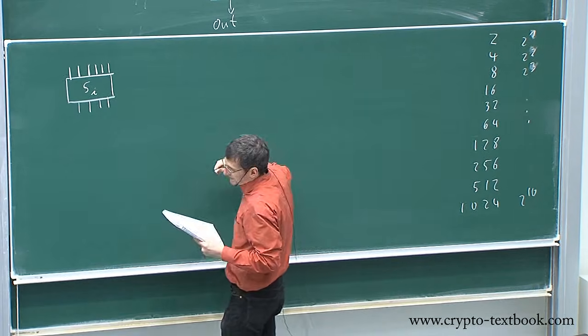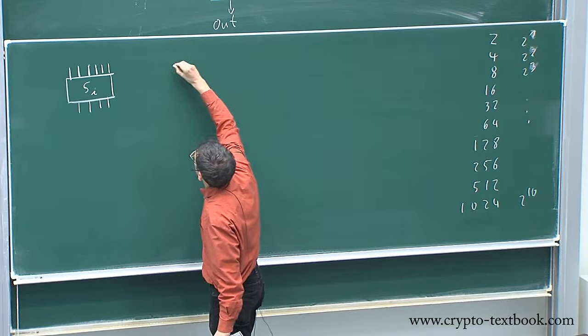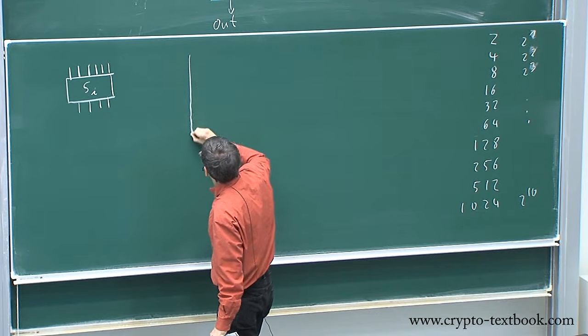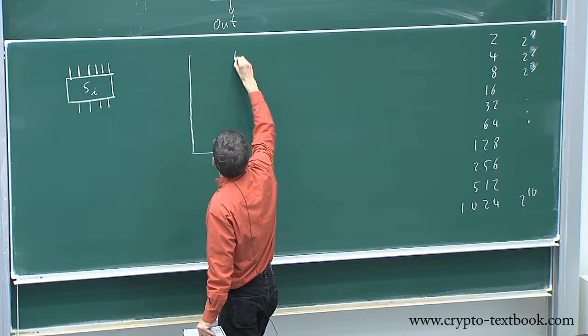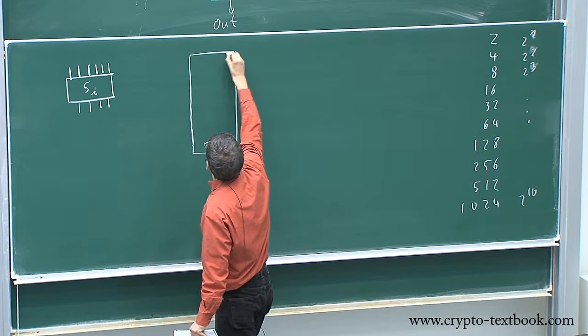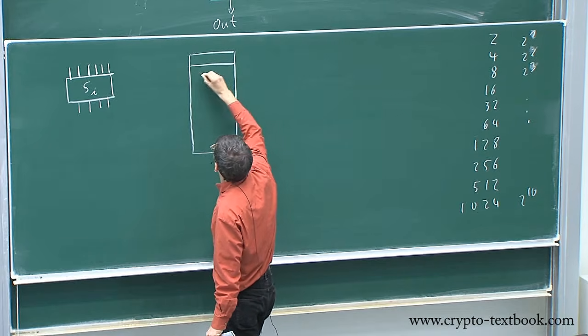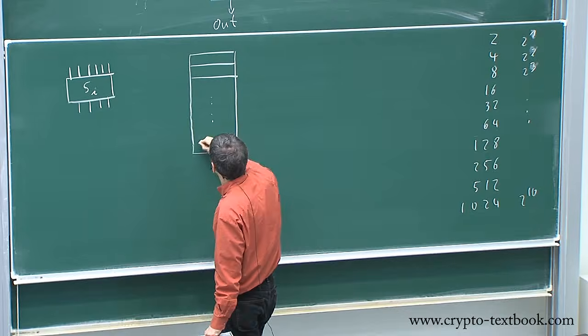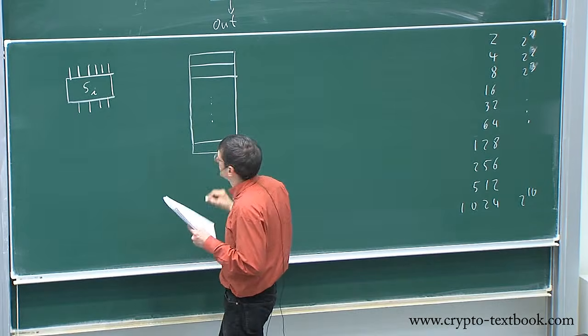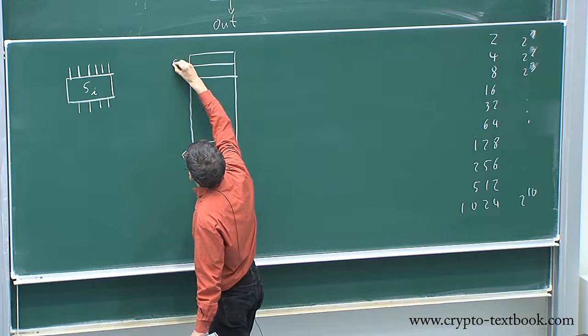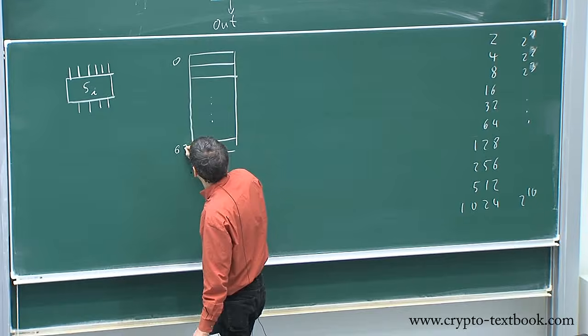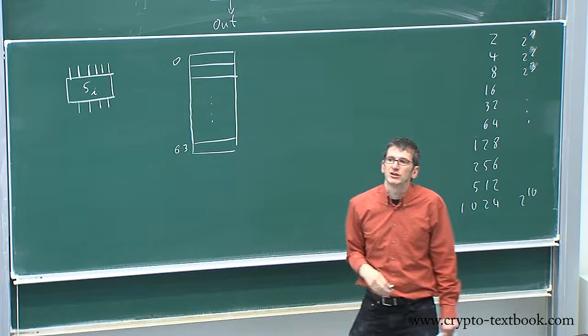So that means this can be viewed as a table with entry number 1, entry number 2, up to entry number 64. Usually we start counting with 0, so you have 64 memory locations.